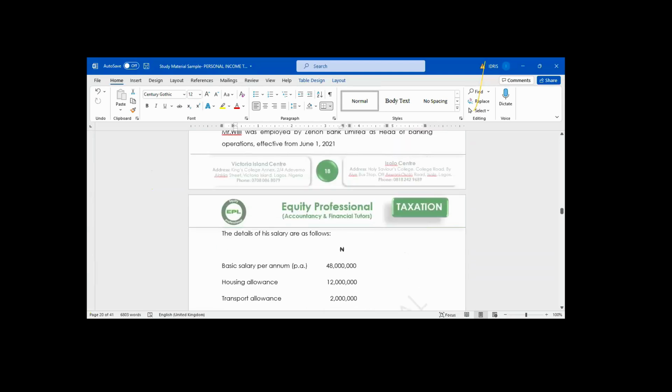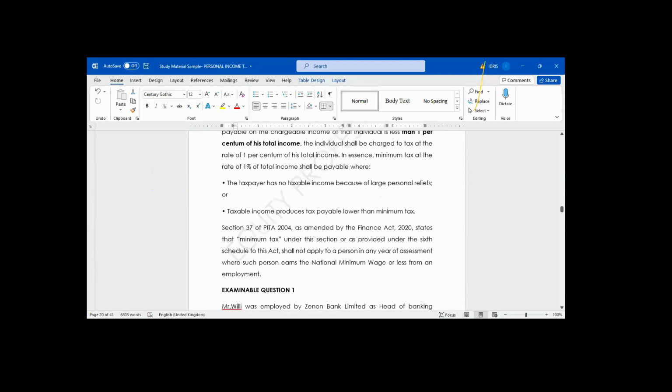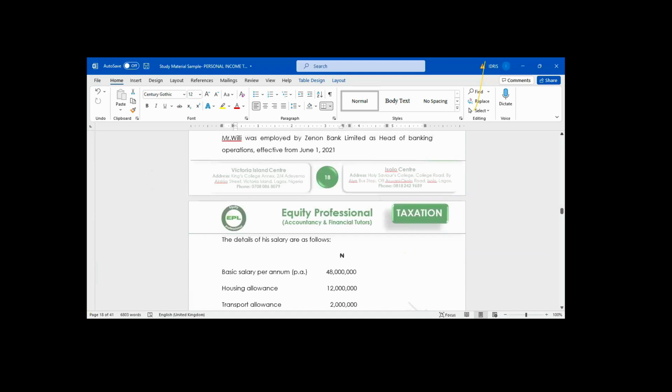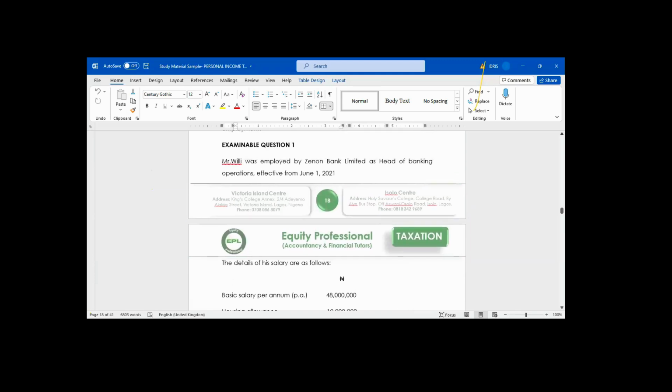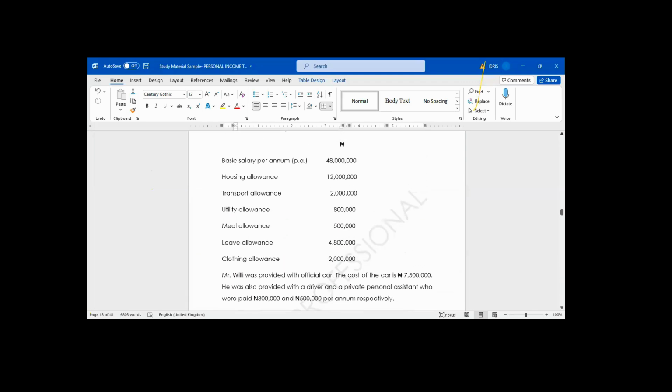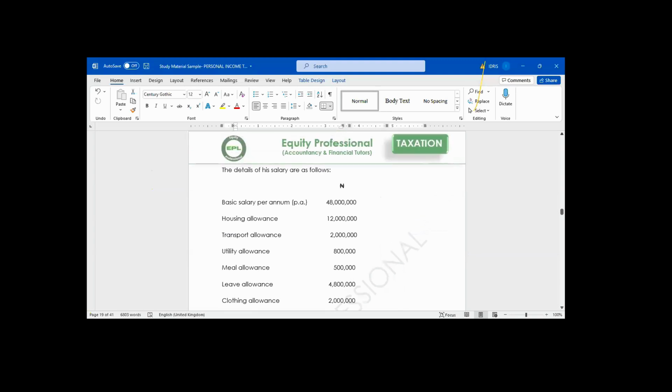Now, let's go back to the new employment. He started working in the new employment from June 1st to December. How many months is that? 7 months. Under the new employment, this basic salary of 48 million is for how many months? 12 months.